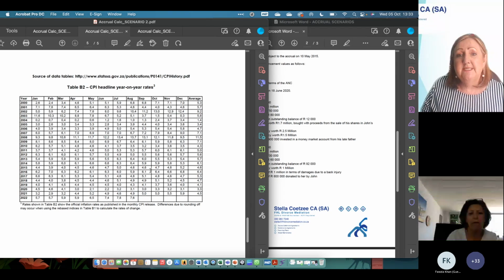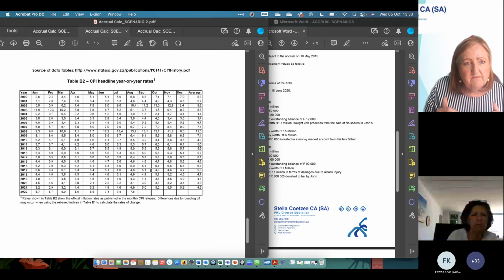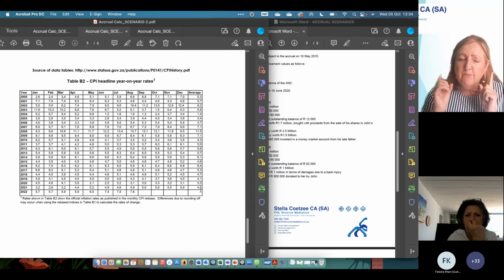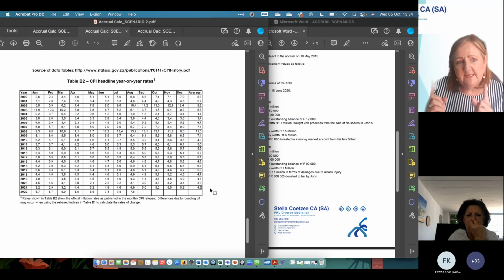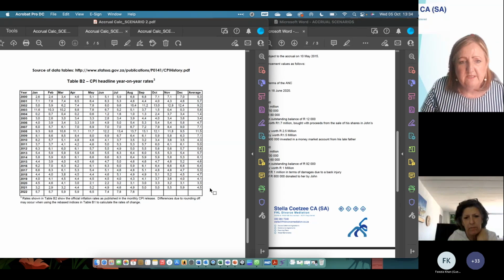Table B2 needs to be used for the calculation, not B1. If you look, it's from January to December, the CPI numbers for each month, and then at the end, it's got the average. When there was only a portion of the year, that's why we established the number of months that they were married, so that we don't use the average for the whole year. We only look at those specific months.